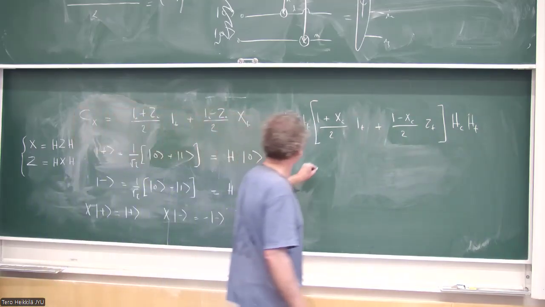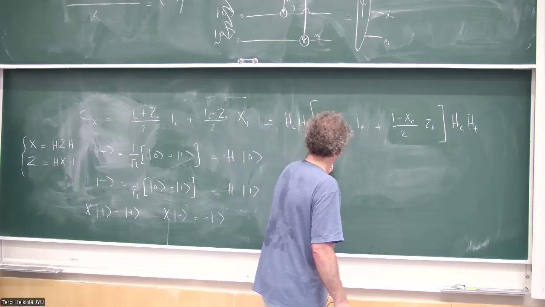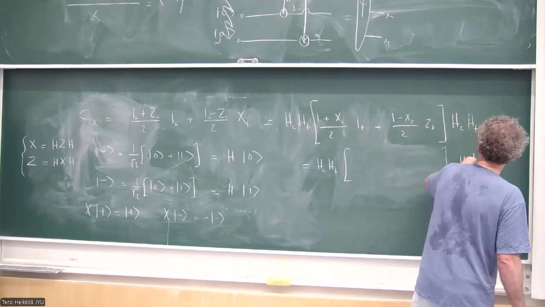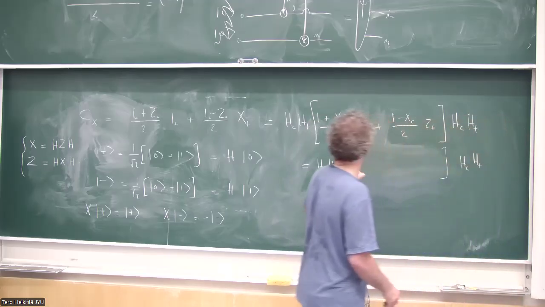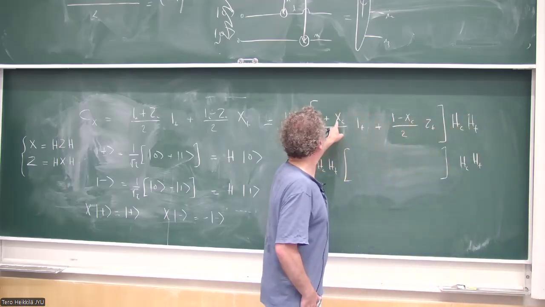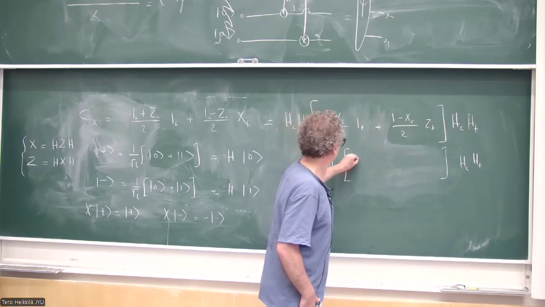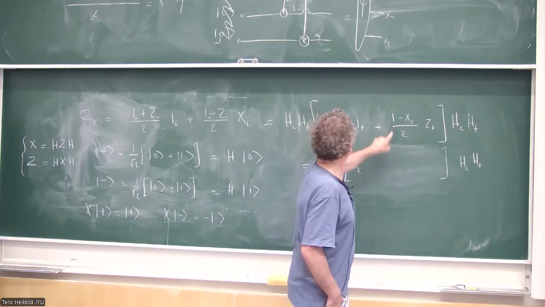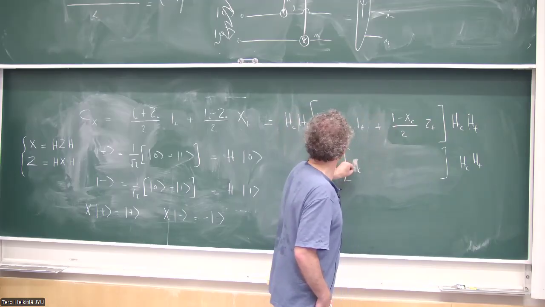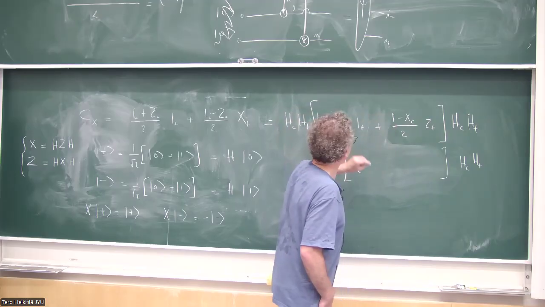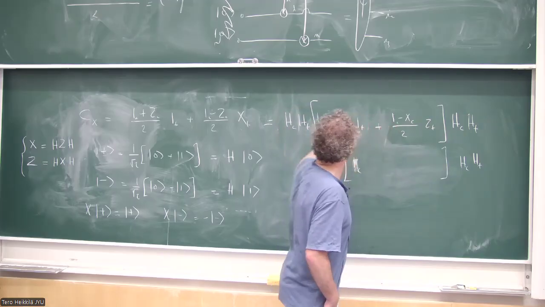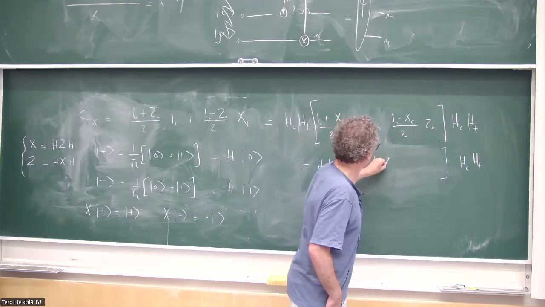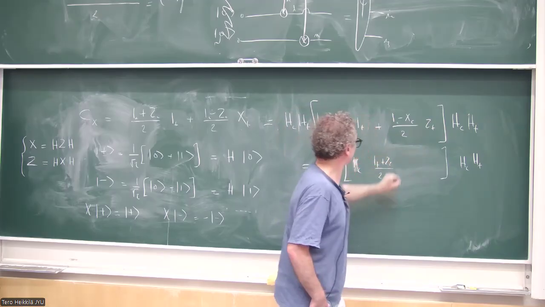And now I can just write things a bit differently. On the 1_C, I have 1_T plus Z_T over 2.